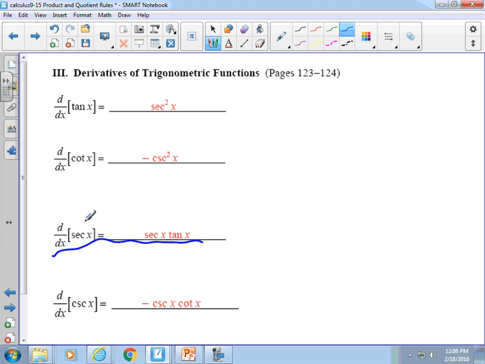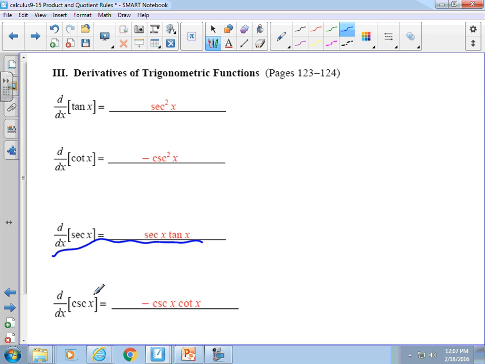What's the derivative of cosine? Negative sine. The derivative of cotangent is negative cosecant squared. And the derivative of cosecant is negative cosecant x cotangent x. So just to help you remember which ones get negatives, all the ones that start with co. Try to point out anything I can think of that might help.